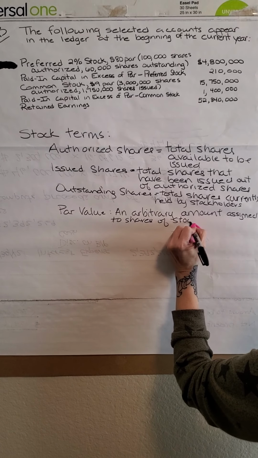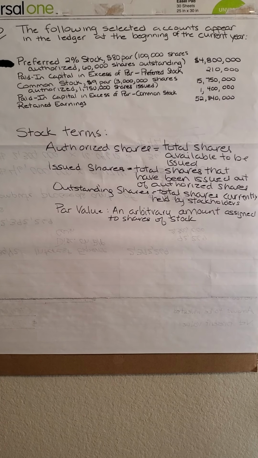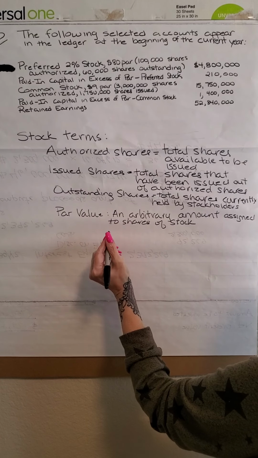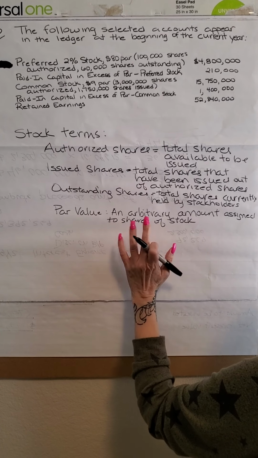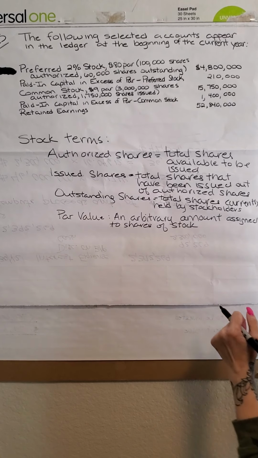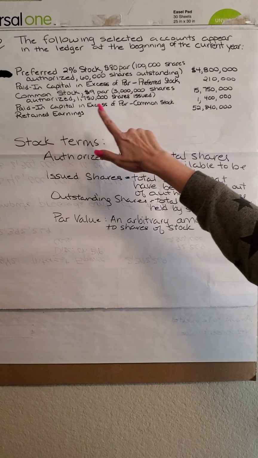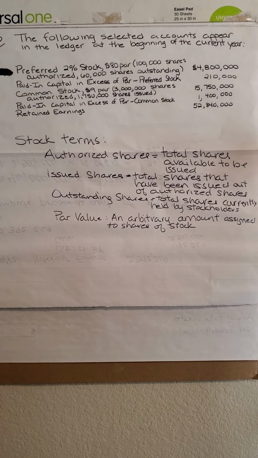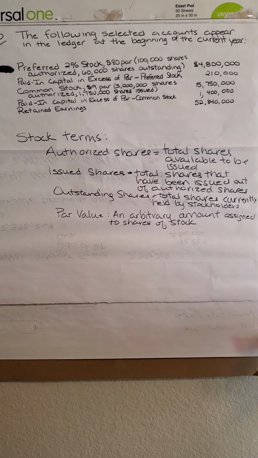A lot of companies will have a 5-cent par value, and par value times shares outstanding is the total amount that we're going to put into the stock account. So you've got your par value, an arbitrary amount assigned to shares of stock. And then you'll also see here that we've got paid-in capital in excess of par preferred stock. That's going to be the amount that we issued the stock for above the amount assigned, the par value.